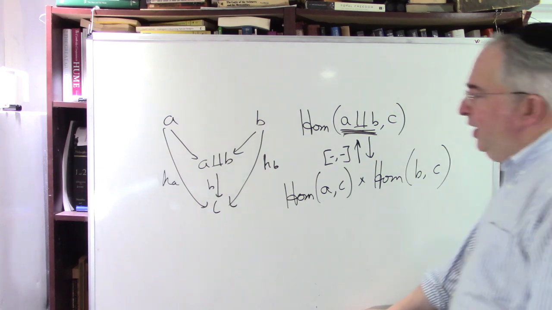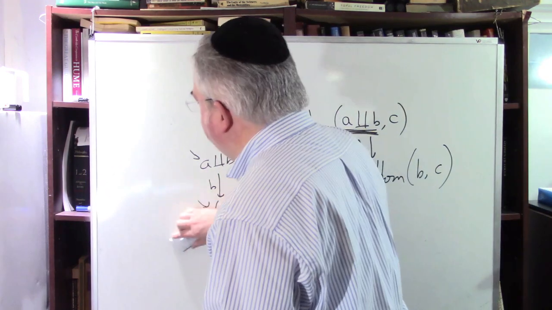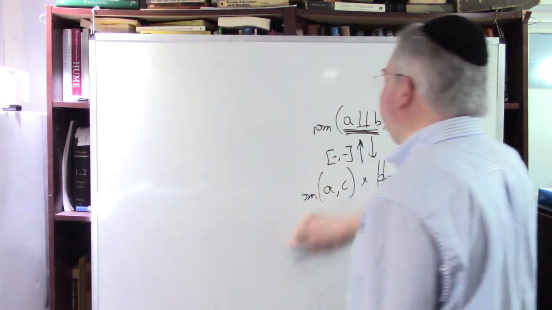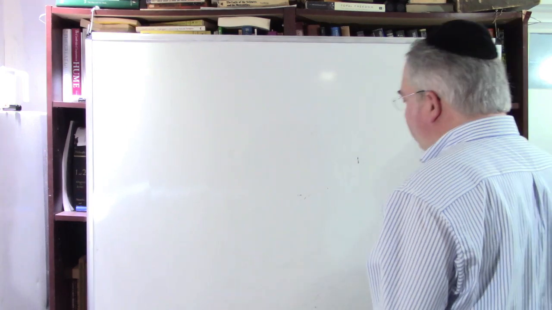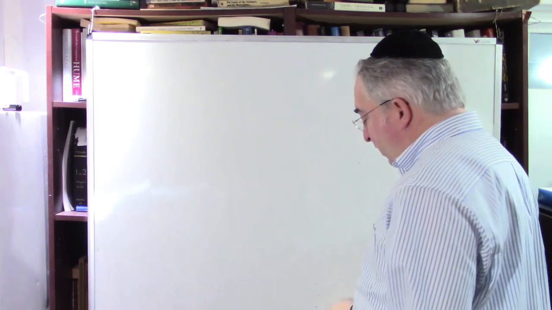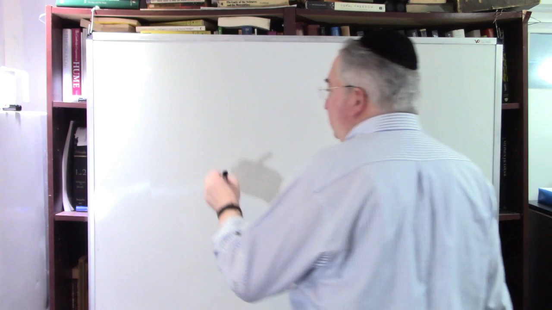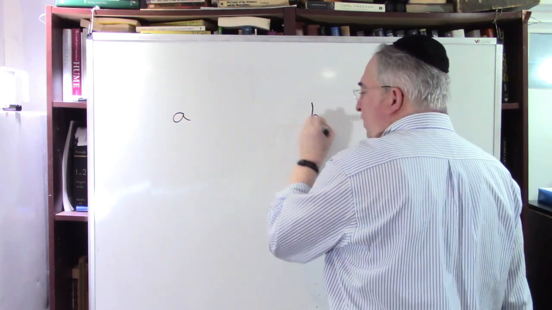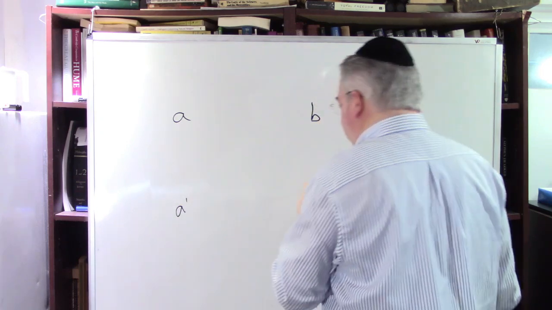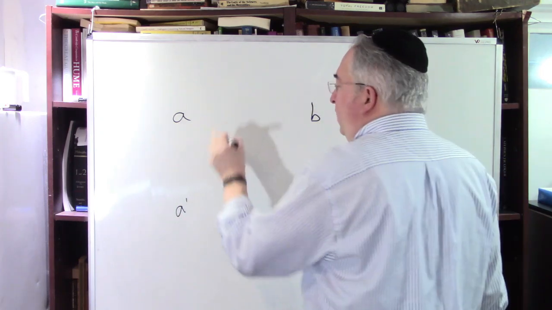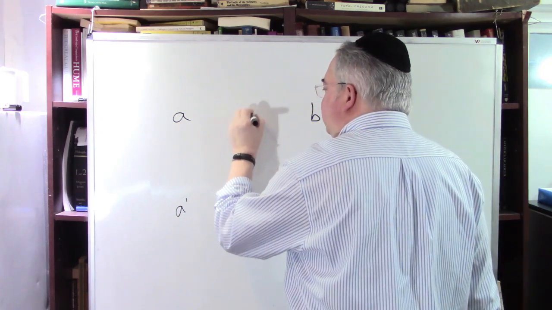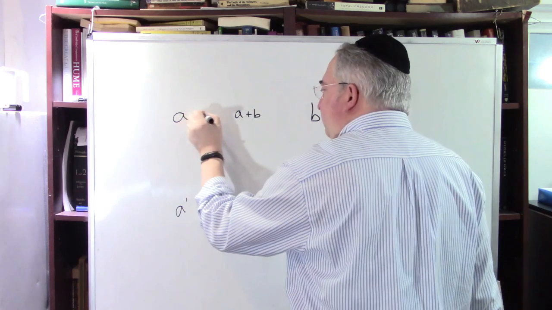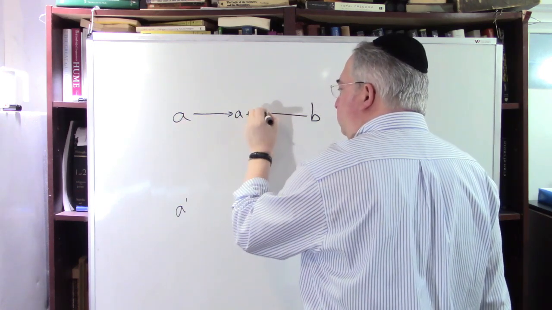Again, let's milk duality for all it's worth. Let's do everything that we can using duality. You ready? You have an object A, an object B, an object A prime, an object B prime. You have A plus B, and now the maps go this way.